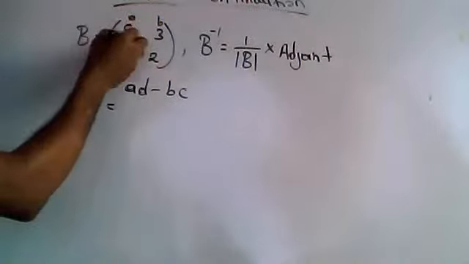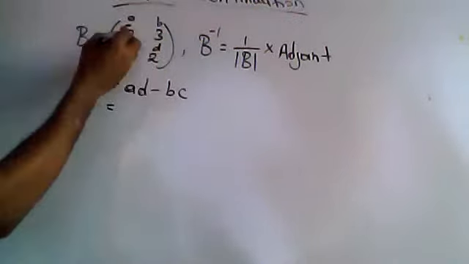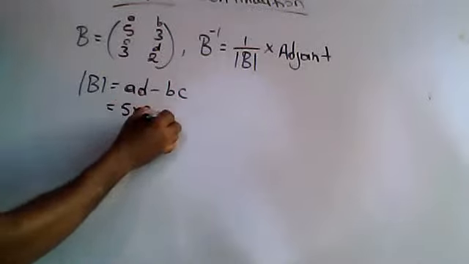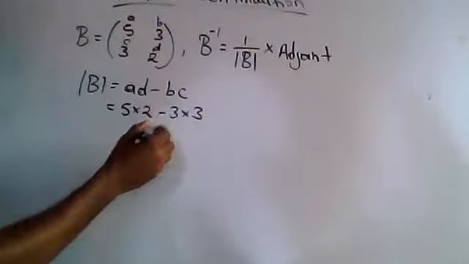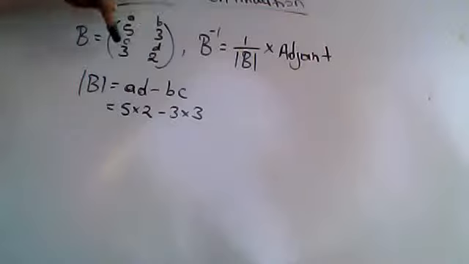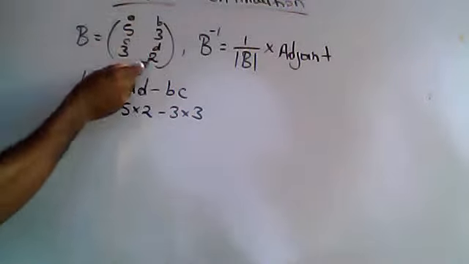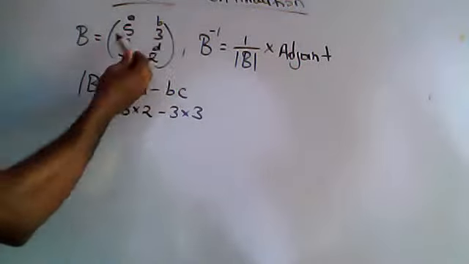All right, so this element is A, this one is B, this is C, this is D. So we have 5 times 2 minus 3 times 3, because remember, A is 5, D is 2, B is 3, C is 3. So basically, it's the product of the leading diagonal minus the product of the non-leading diagonal.